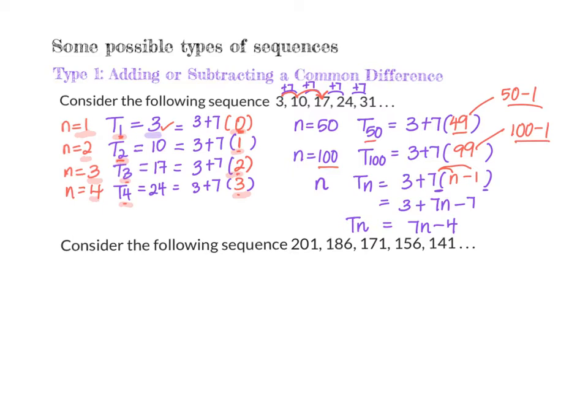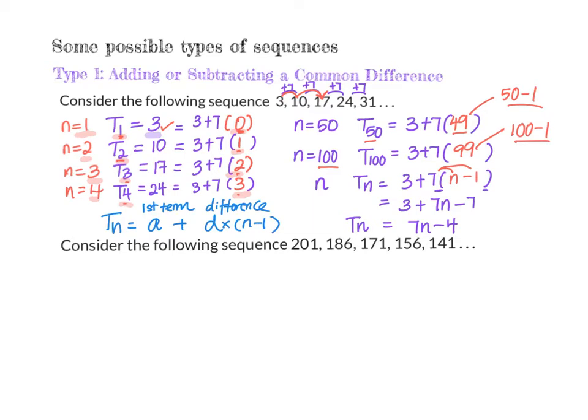Now for this type of sequence where we add or subtract a common difference, the term Tn is usually given by the general term formula: A, that means this is the first term, plus D, this is given by the difference, times n minus 1.